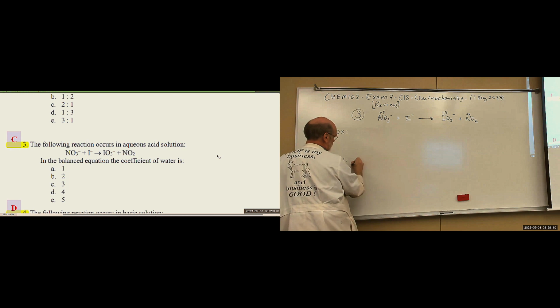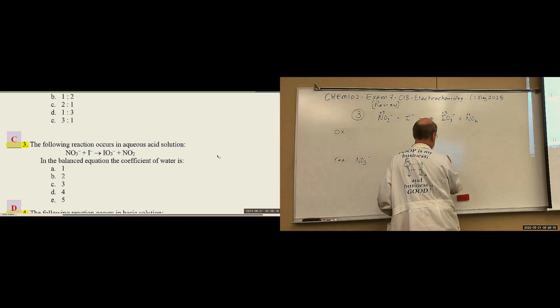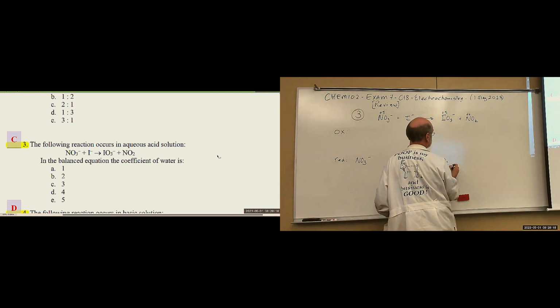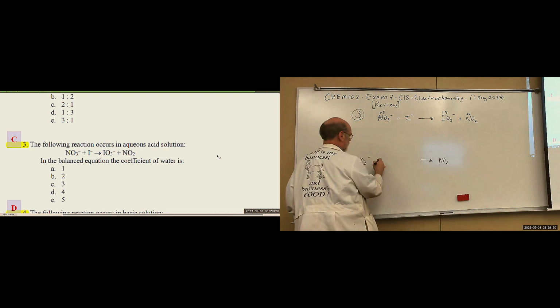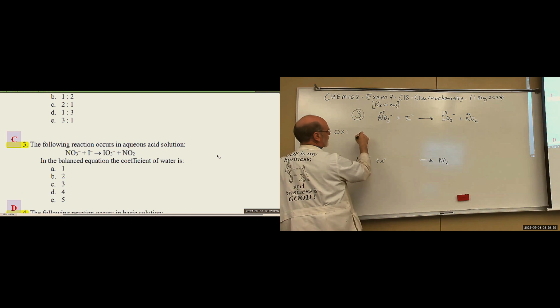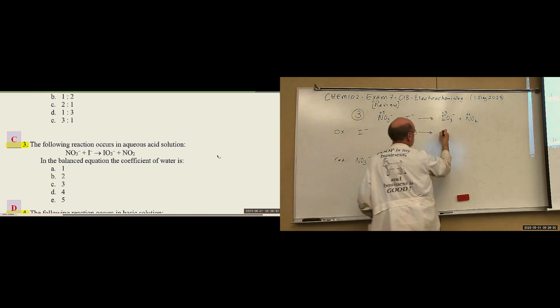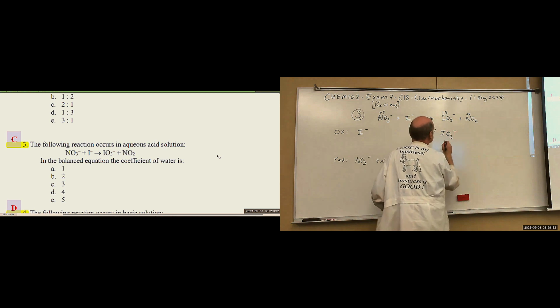So it goes down here. NO3 minus yields NO2 there. I'm going to go ahead and add an electron in there. Just needs 1 electron to get to there. And then we'll go here. This must be oxidation. Here to here.